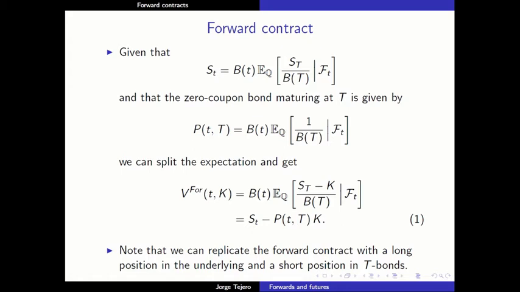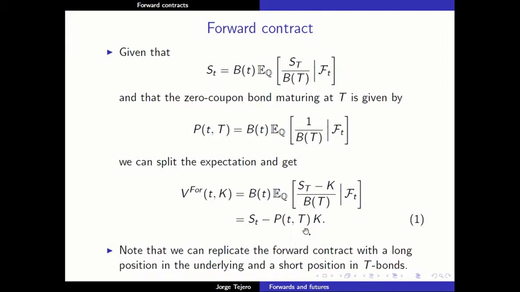So this formula not only gives us a nice and simple pricing formula for the value of the forward contract, but it also gives us a strategy for replicating the contract: just take a long position in the financial asset that is underlying the forward contract and a short position in zero coupon bonds.